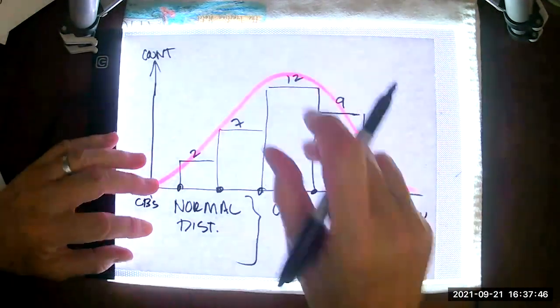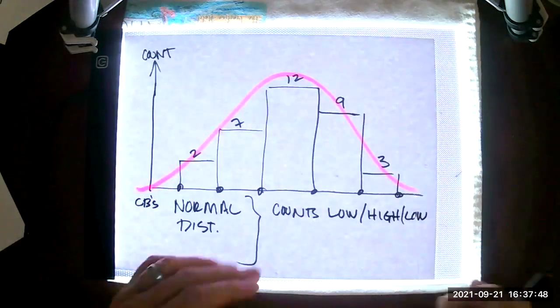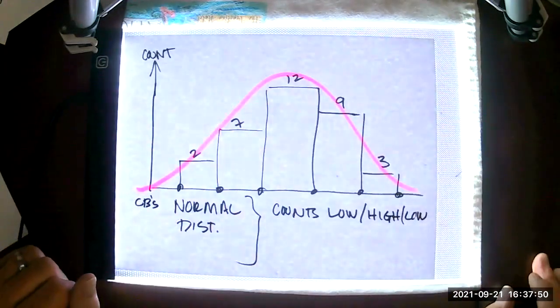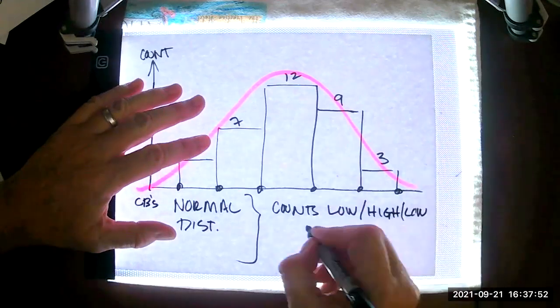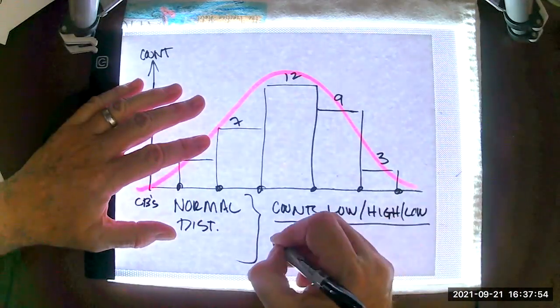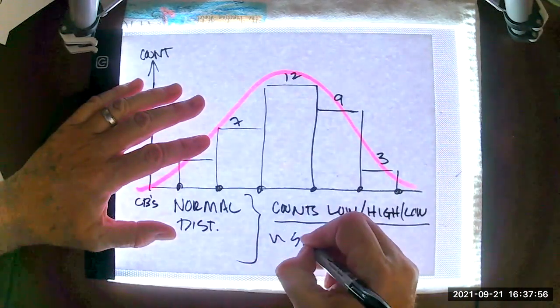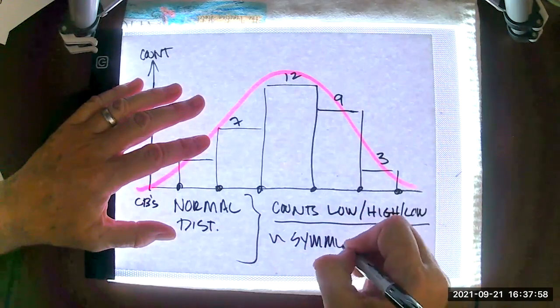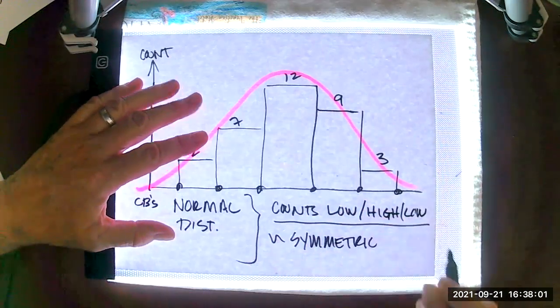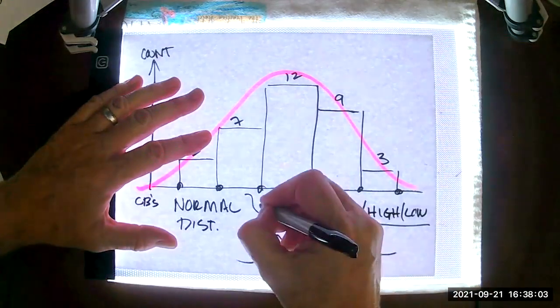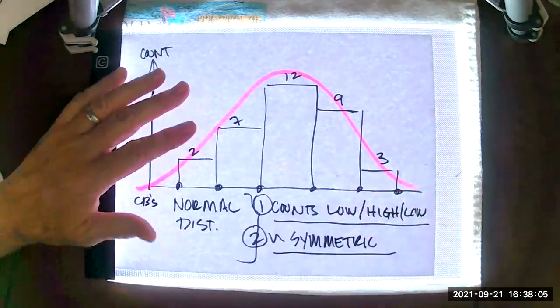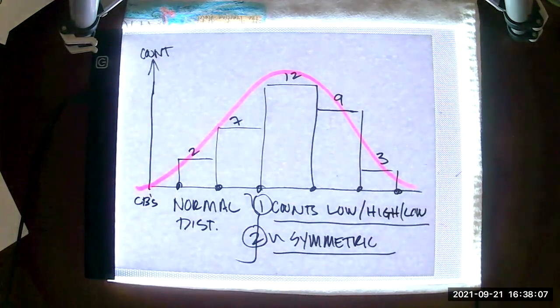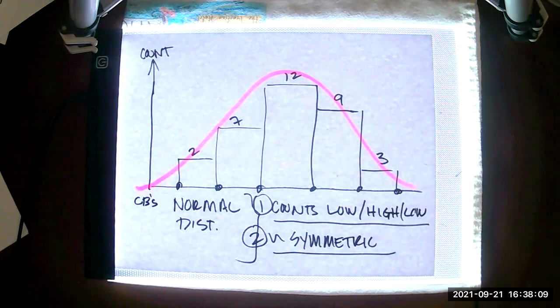You have one or two major high classes in the middle, and it falls off to lower classes on each end. And that's the first thing, and it is approximately symmetric. So those two things, one and two, are the requirements for a normal distribution.